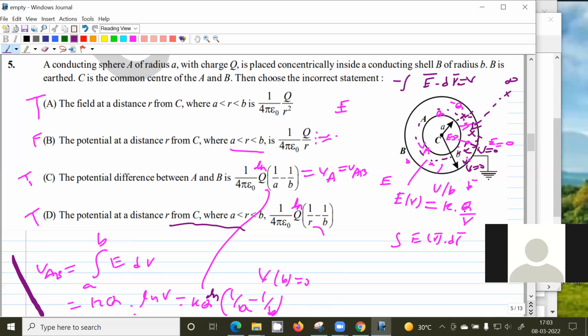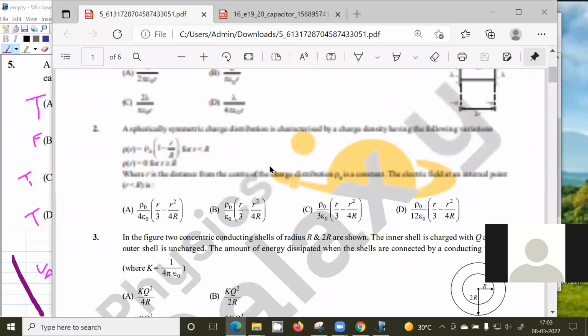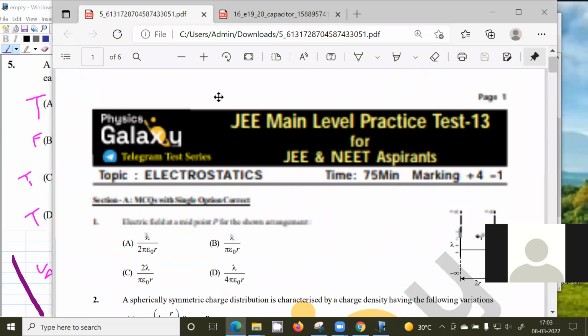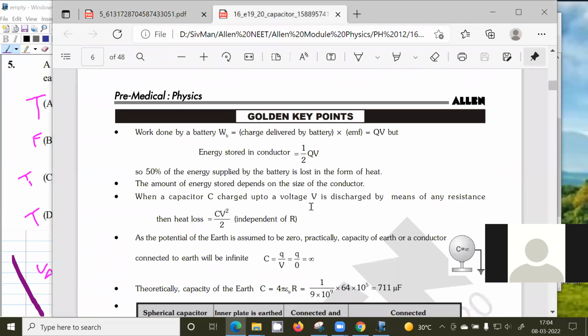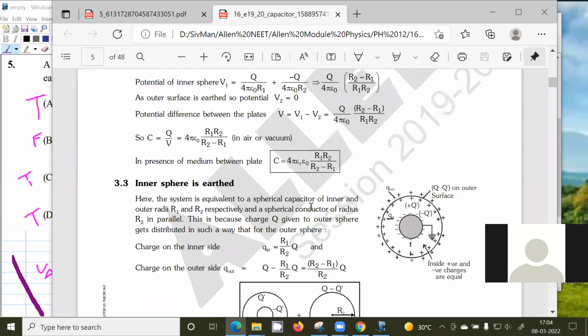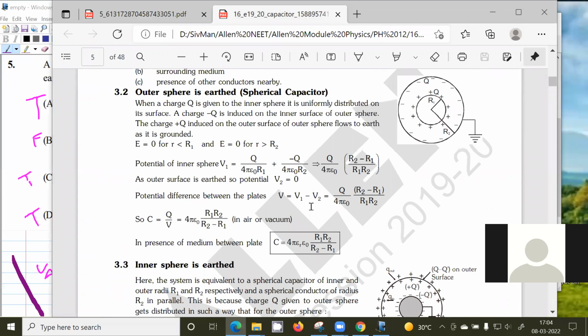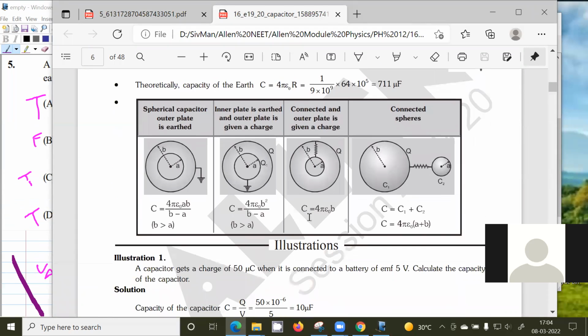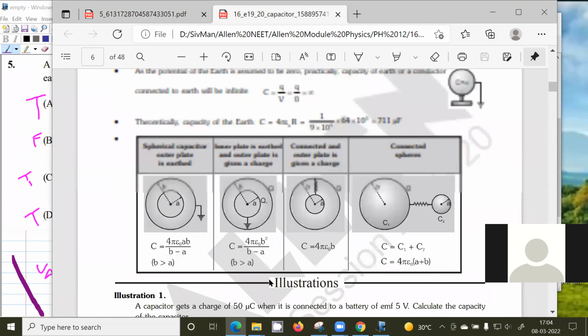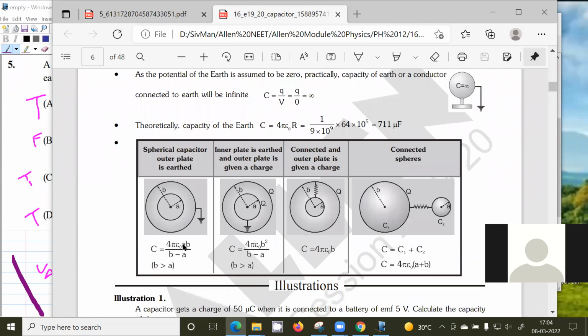Okay, so there is a spherical capacitor.